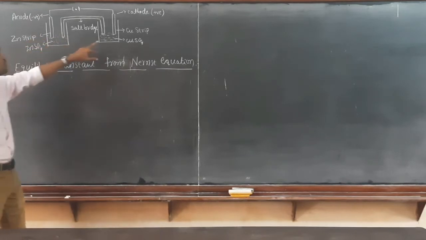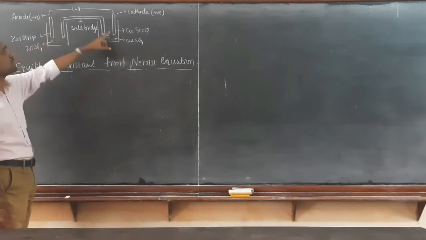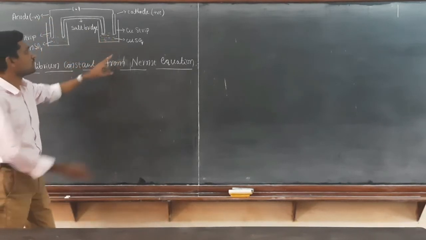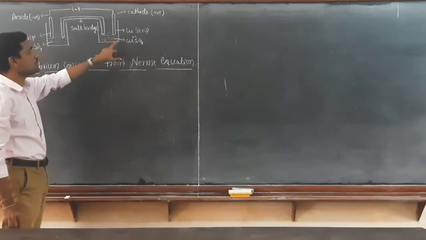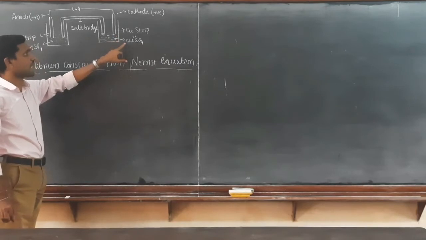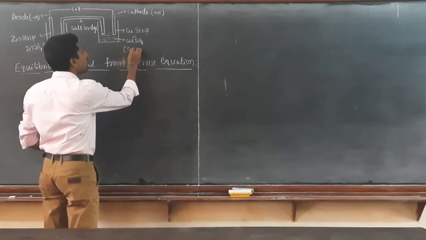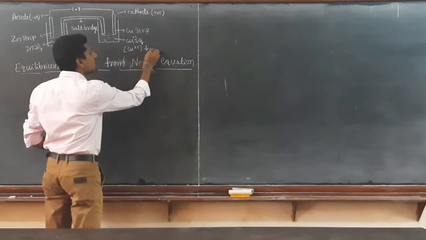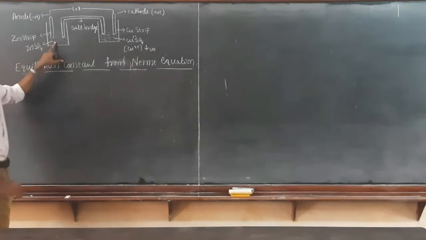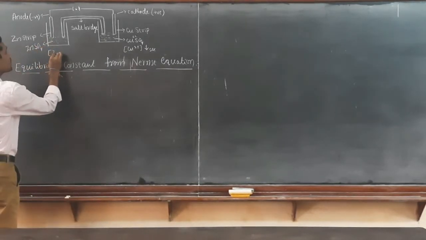The electrons will be transferred from this electrode to this one. The liberated electrons will be absorbed by copper 2 plus, which will deposit as copper, so the concentration of cations, that is, the concentration of copper 2 plus, decreases. Here the concentration of Zn2 plus ions increases.